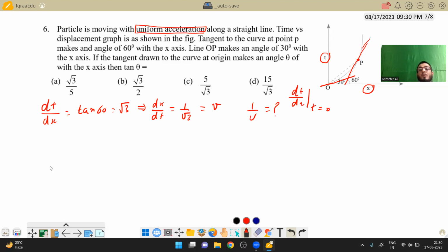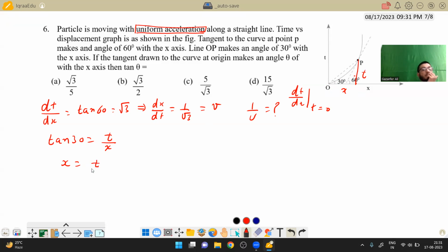Okay. So now again, what is given here in this graph, if you see here, the slope of the line OP is given. So tan 30 is basically what? If I see, tan 30 is t by x. This is equal to t by x. So what is x equal to? tan 30 is 1 by root 3.